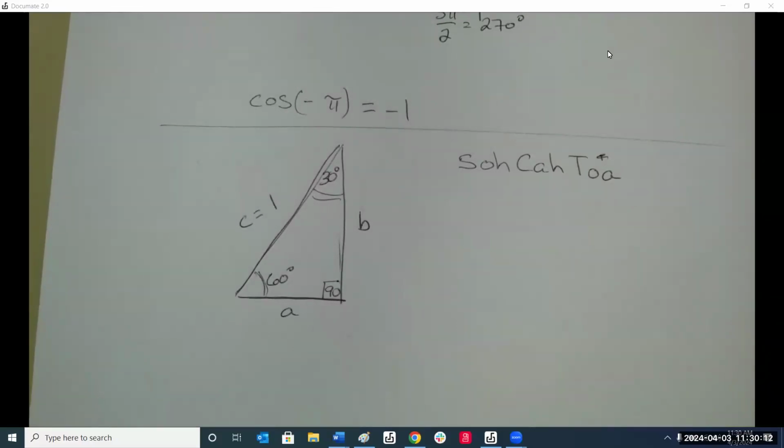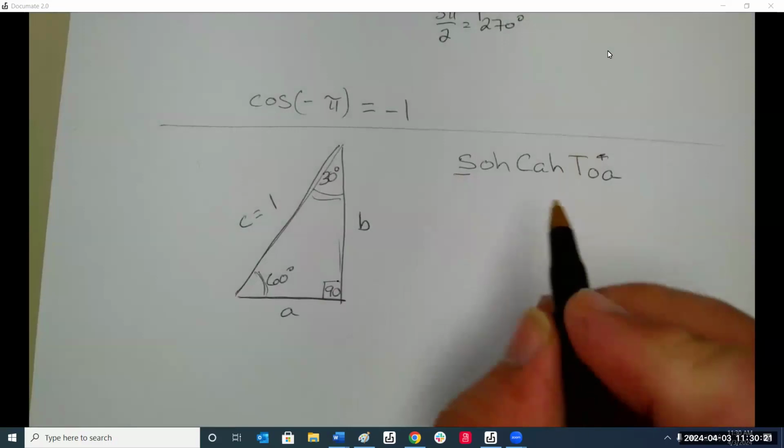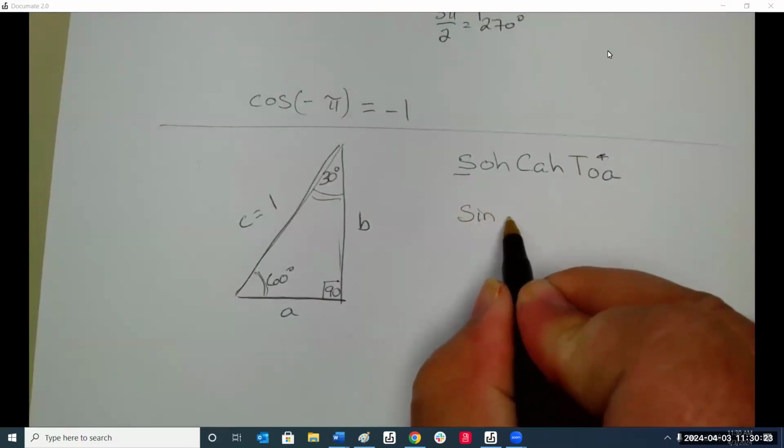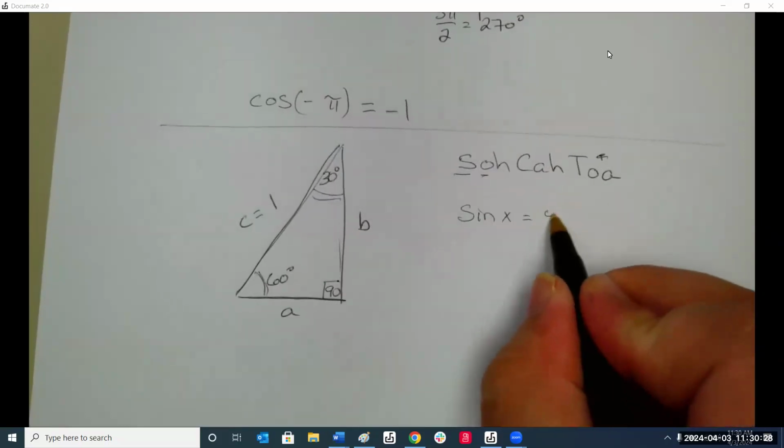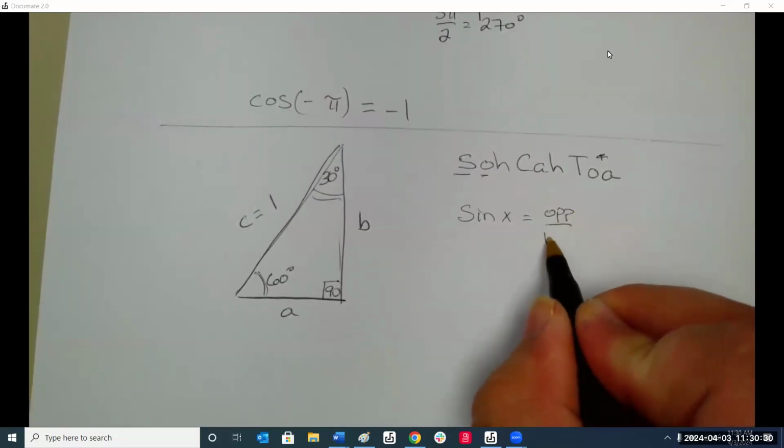SOHCAHTOA. It sounds like an Indian word, but it's not. What it means is the sine function, the sine of some angle, equals the opposite over the hypotenuse.